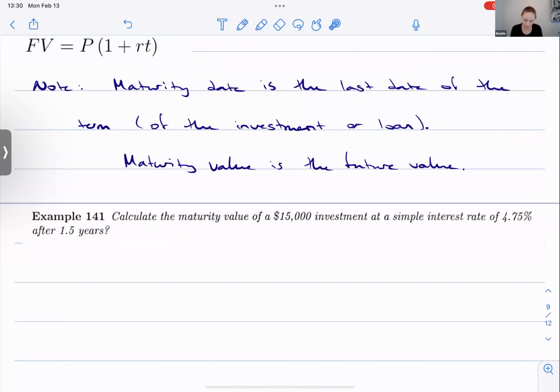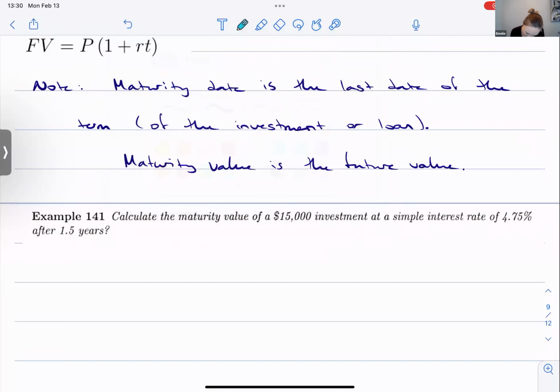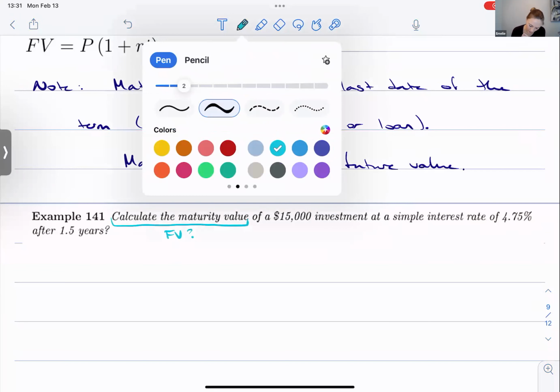So really what we want to find, let's use this fun blue: calculate the maturity value, which means we want to find the future value of a $15,000 investment. So that's your initial investment.